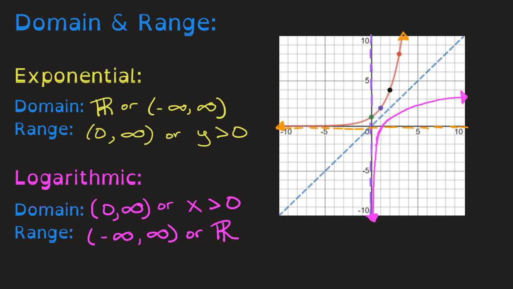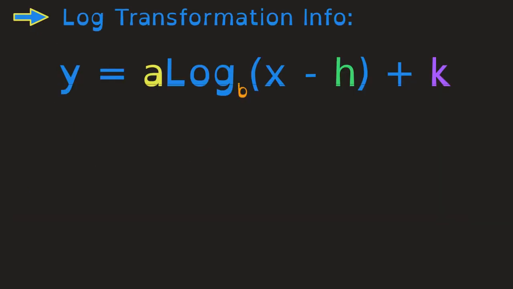So as you can see, the domain and range have kind of flip-flopped from the exponential to the log. Since they are inverses of each other, this is sort of a natural occurrence. So the range of the logarithmic was all real numbers, whereas before the domain was all real numbers in the exponential functions.